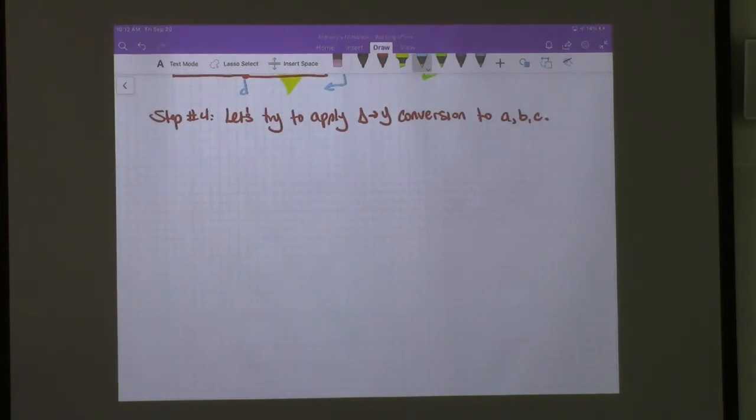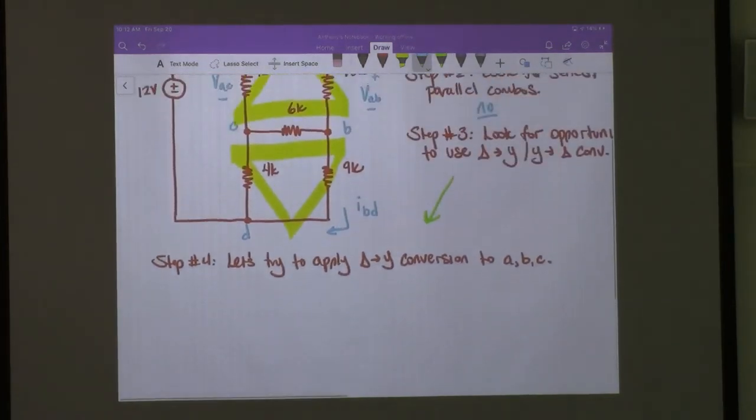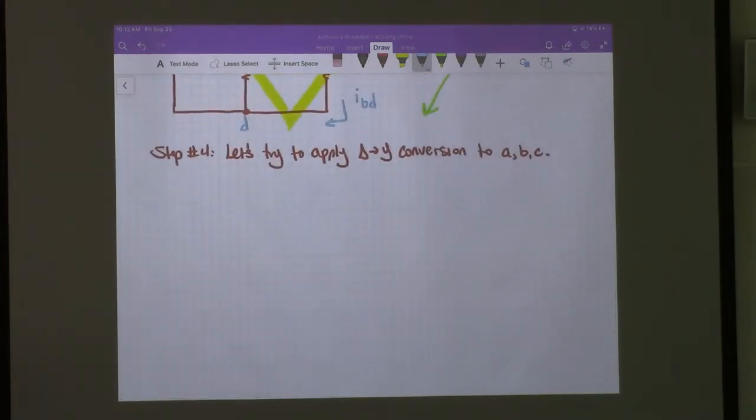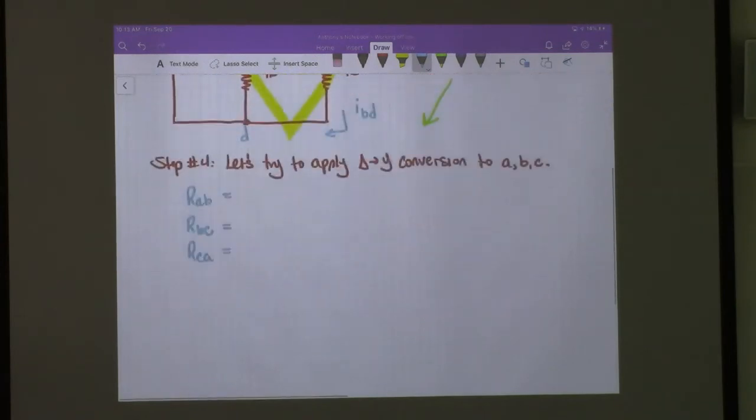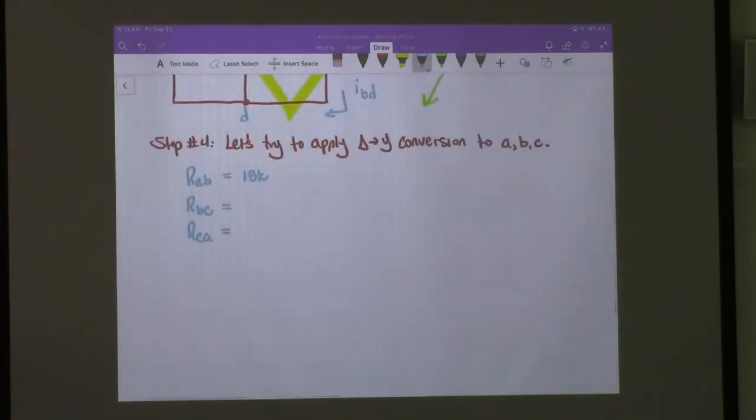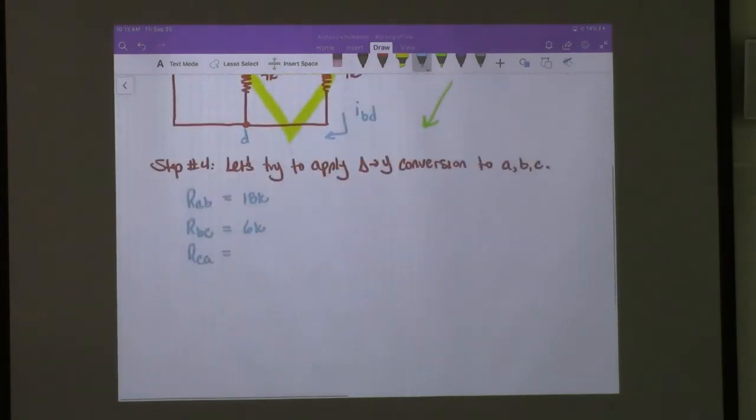And it's nice because I labeled the nodes ABC, so it fits with our delta to y conversion. So let's go ahead and write out our values. We have RAB, we have RBC, and we have RCA. RAB is 18K, RBC is 6K, and RCA was what, 12K?